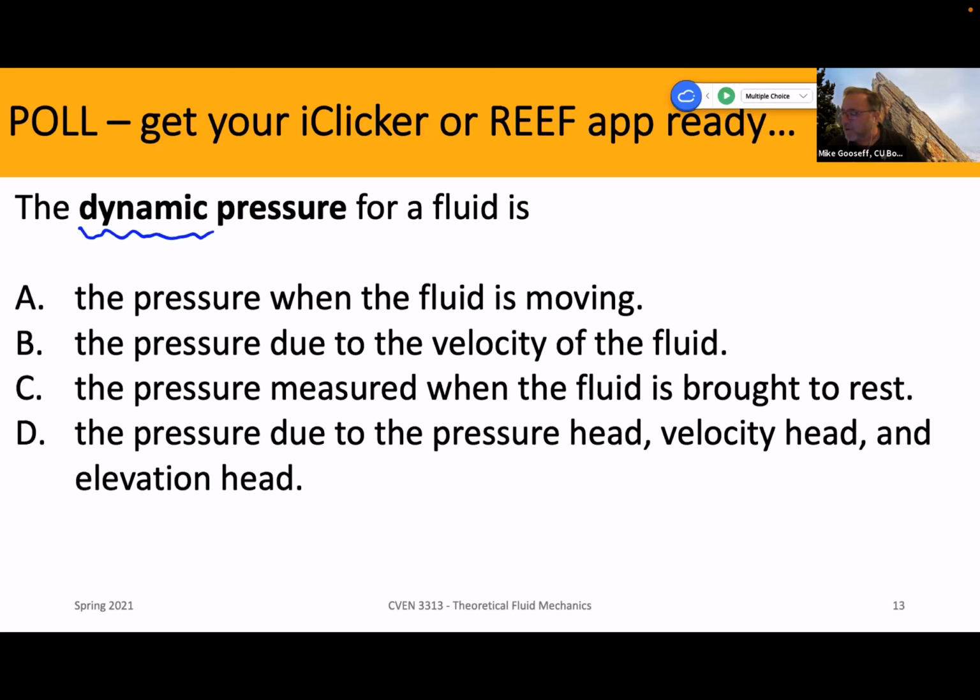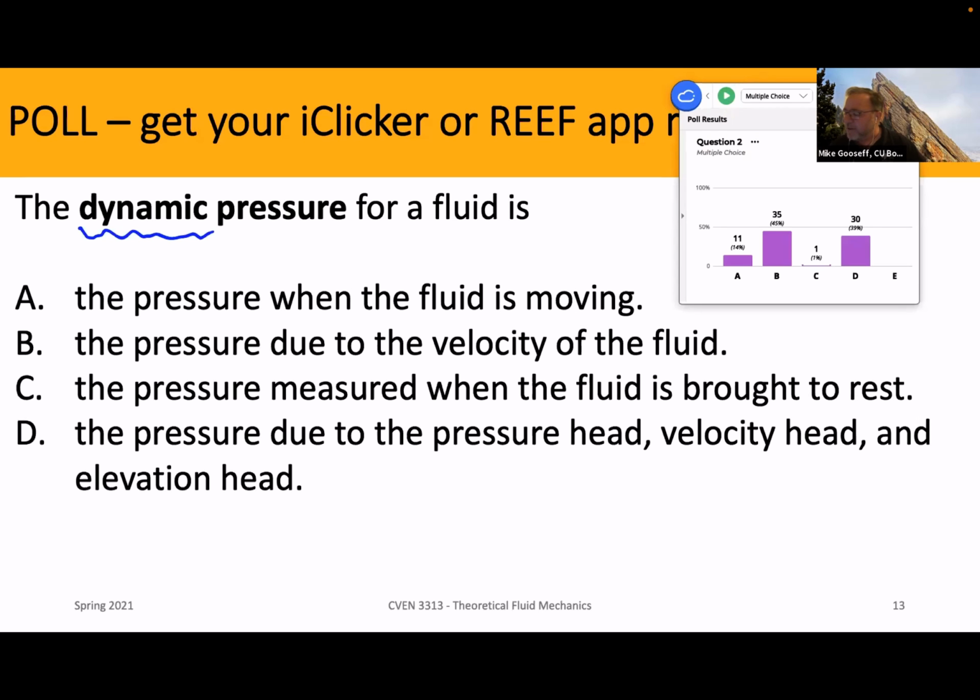Okay, good. All right, let's take a look at the answers. They were split mostly between B and D. We had 11 folks put in A. I suppose A is sort of accurate, but the actual answer is B, and you can't be moving if you don't have velocity.